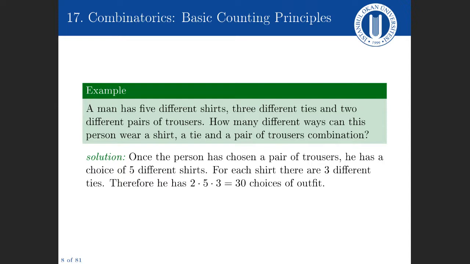So that's 2 different pairs of trousers. Then he has 5 different shirts to choose from. So we're going to be 2 multiplied by 5. And then he chooses one of his 3 ties. We multiply by 3. We're multiplying these numbers together because they're all independent. We get 2 multiplied by 5 multiplied by 3, or 30 different choices of outfit.